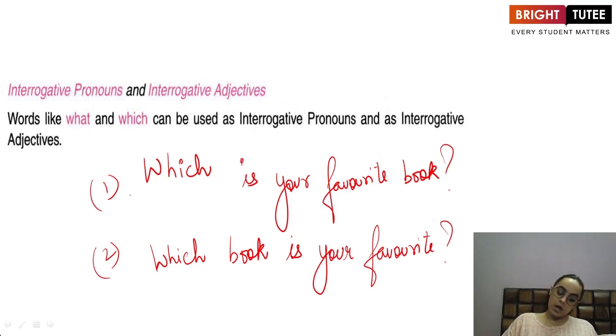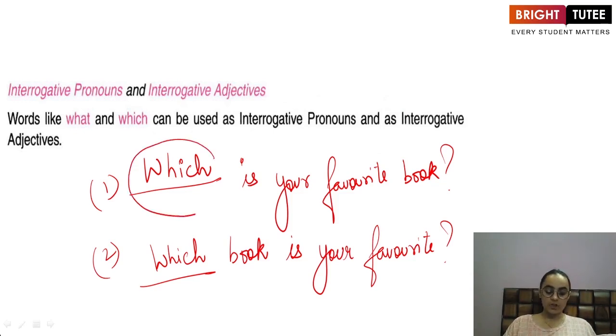All right. You can see that in both the sentences, I'm using the question word which. In the first sentence, which is used as a substitute in place of a noun. Therefore, it is what? It is a pronoun.